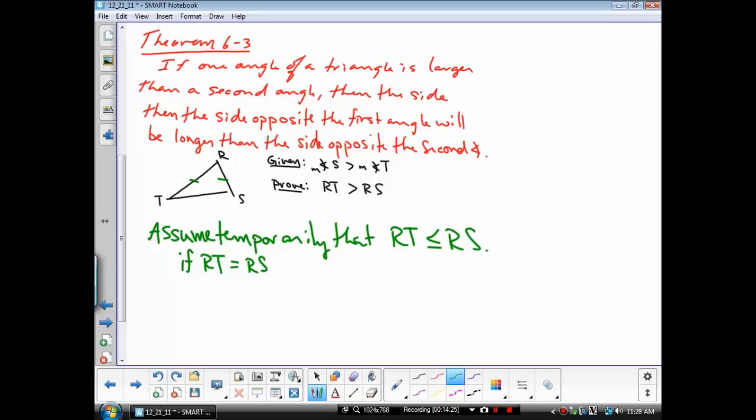They have congruent base angles. These angles opposite the congruent sides are equal. So then angle T will equal angle S. We'll put measure of angle T equals measure of angle S, because it is an isosceles triangle.